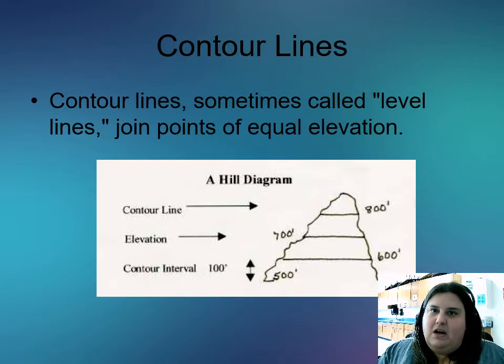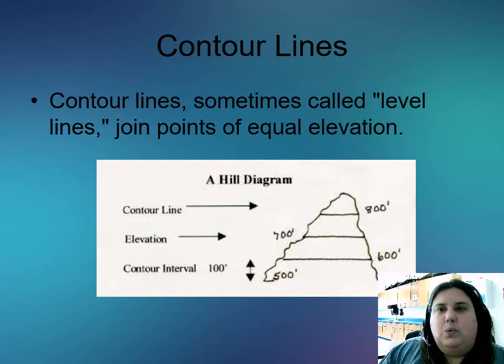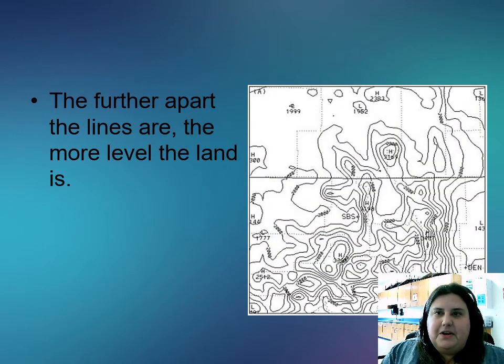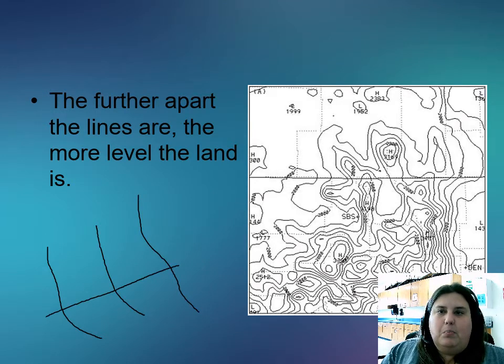Contour lines are going to be called level lines, and what they do is they join points of equal elevation on a topographic map. The further apart the lines are, the more level the land is. So if I have lines on a topographic map that look like this, this area right here is going to be more level.